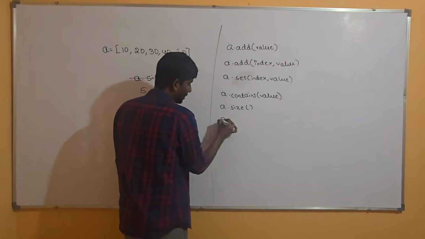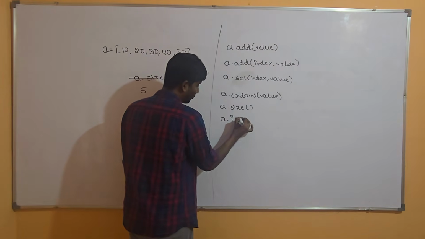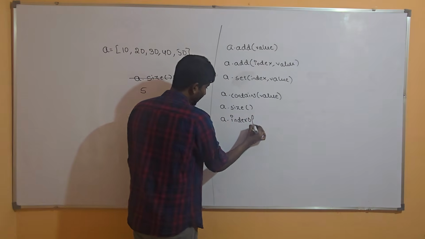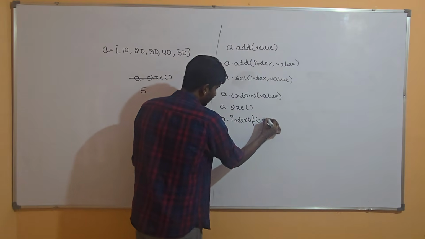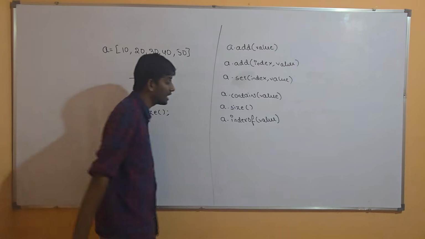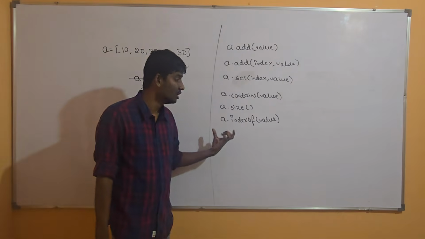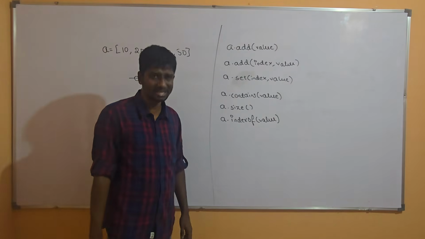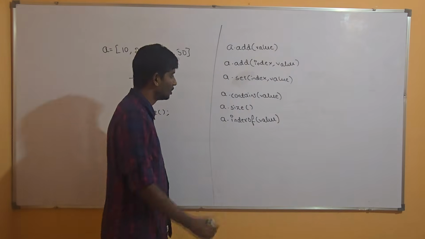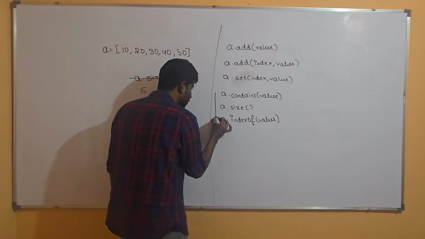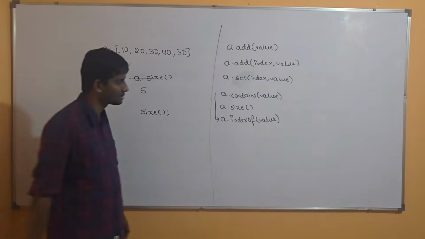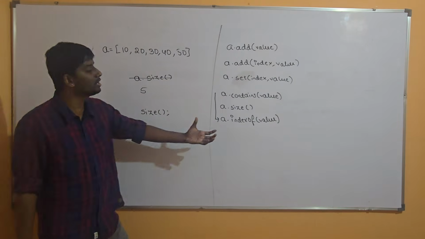Then there is A dot index of value. This will tell you in which position this element is present for the first time. But before you use this, make sure you use it in combination with if, because only if it is there do you get the index number.